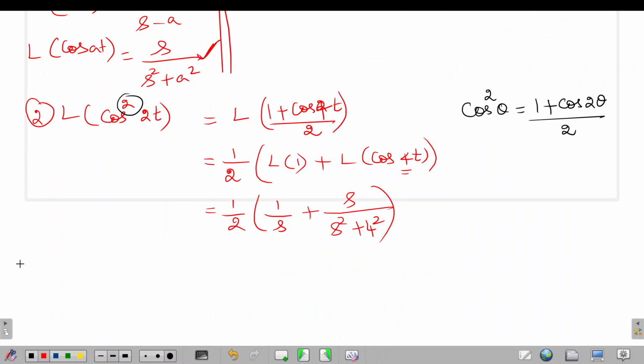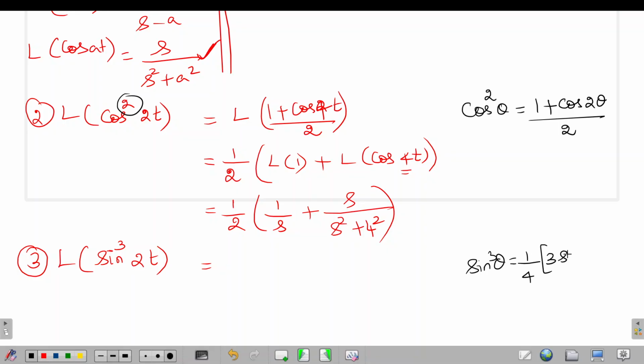Similarly, let us go for another problem, finding the Laplace transform of sine cube 2t. Again, directly finding the Laplace transform of a cube function is not available, but we know that sine cube theta is equal to 1 by 4 times (3 sine theta minus sine 3 theta).